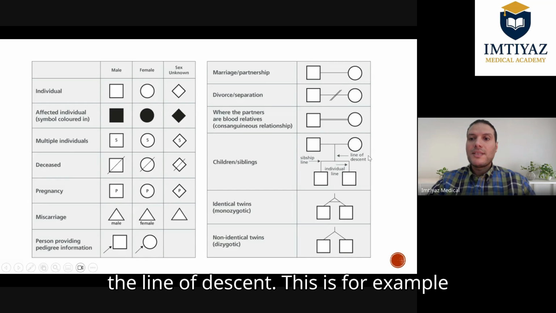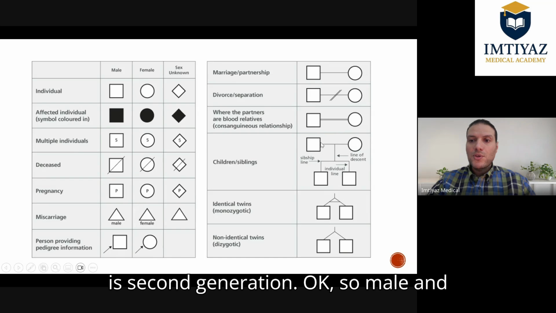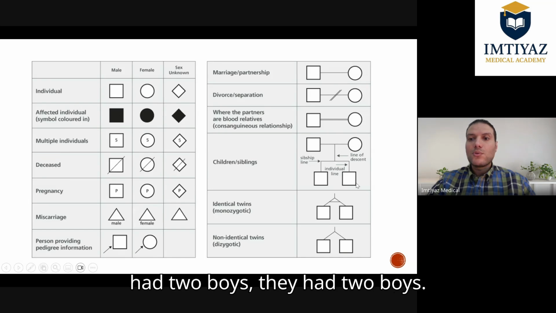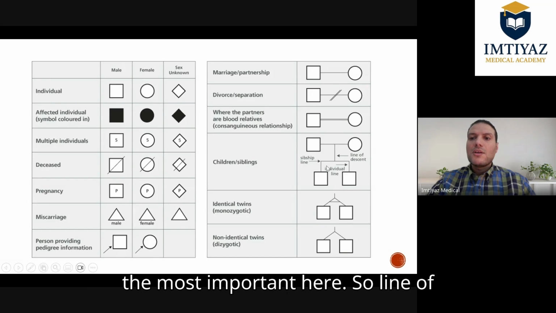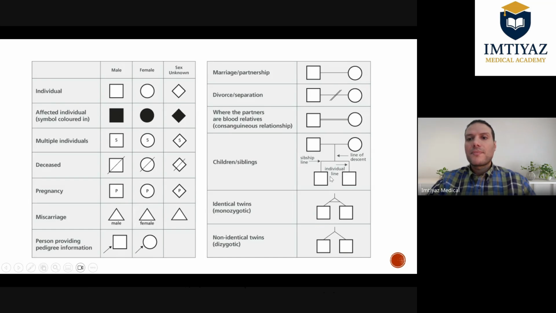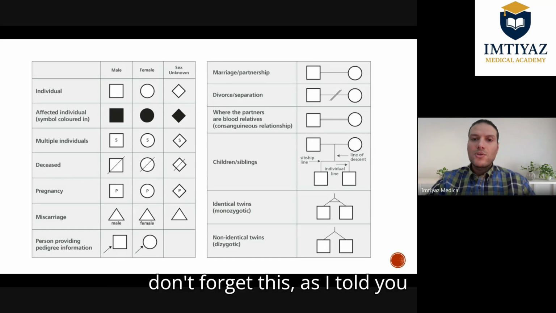For example, this is the first generation, then this is the second generation. So the male and female got married, then they had two boys. Sometimes twins, sometimes none, but the most important here is the line of descent and then the next generation. So don't forget this.